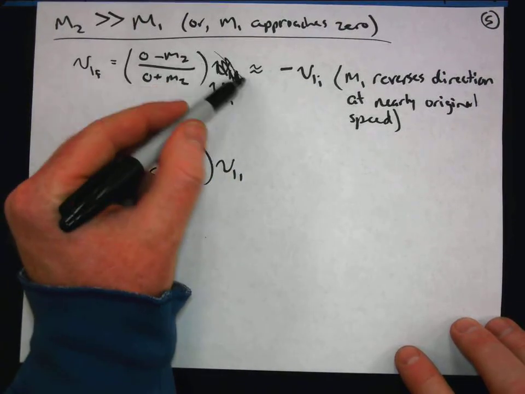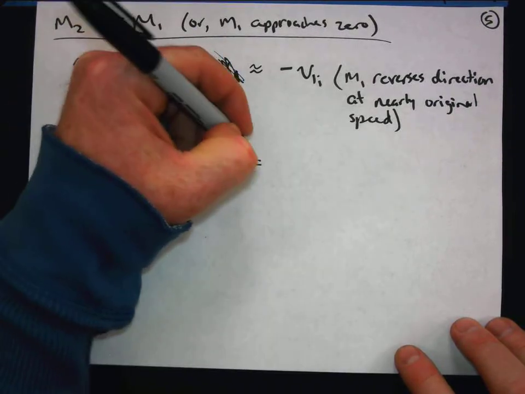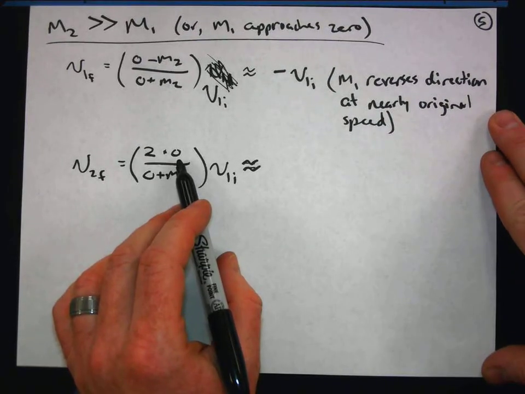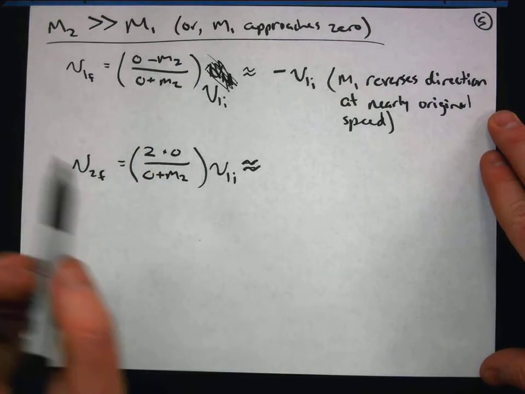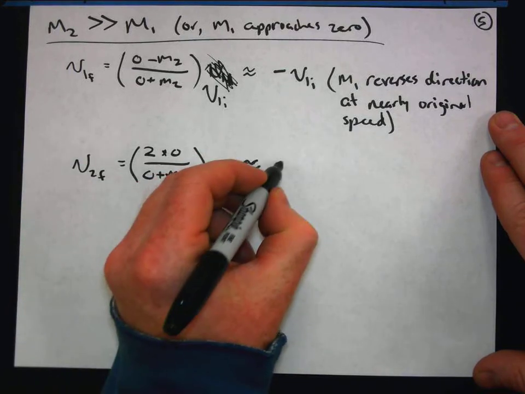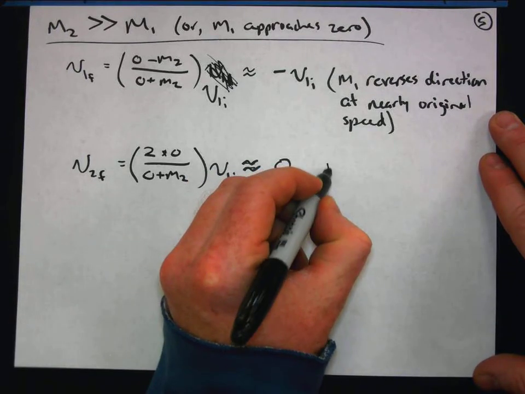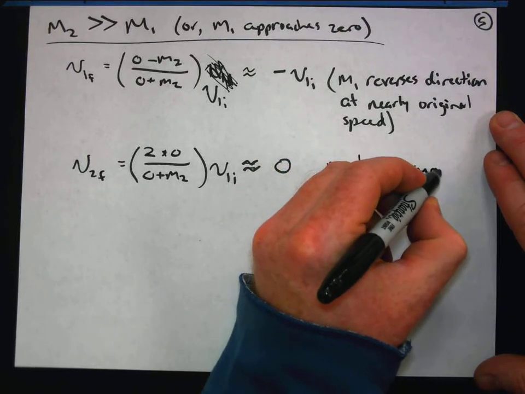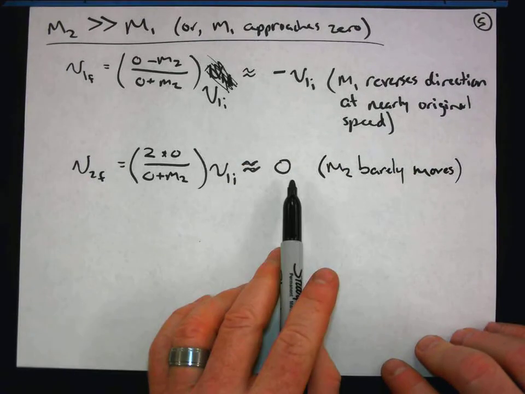Erase. Now, initial velocity, here we go. Oops. Also, we're approximating here. This is roughly equal to, because M1 isn't equal to 0, but it's approaching 0, or it is so much smaller than M2 that it really is like being 0. Well, anything times 0 is 0, this is approximately 0. So what we see after the collision is that M2 barely moves. It's hardly affected at all. And the larger the difference in the masses, the closer to 0 this becomes.